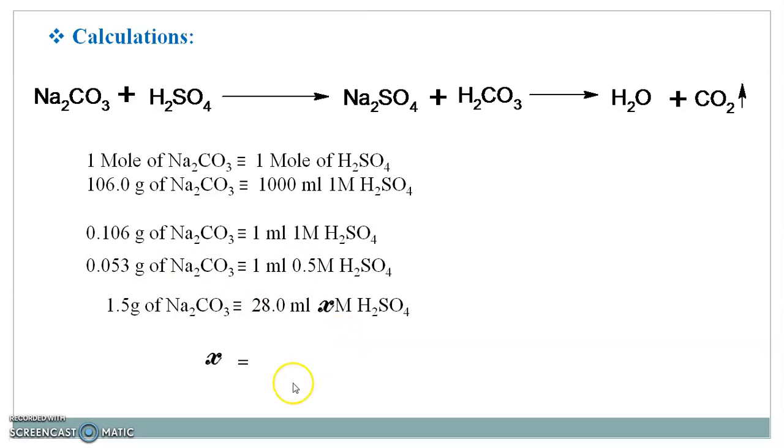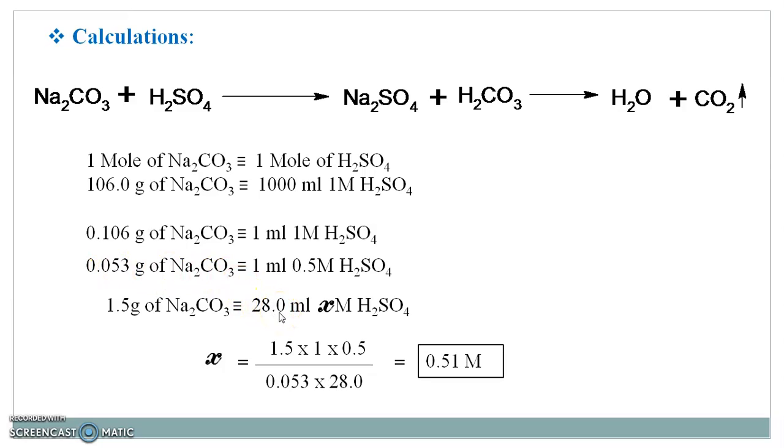So you will get x equal to 1.5 into 1 into 0.5 divided by 0.053 into 28. So it comes to 0.51 molar. So this is the molarity of the prepared sulfuric acid solution, which is 0.51.